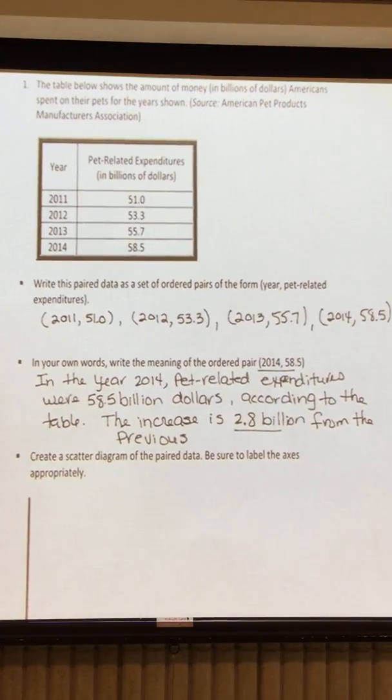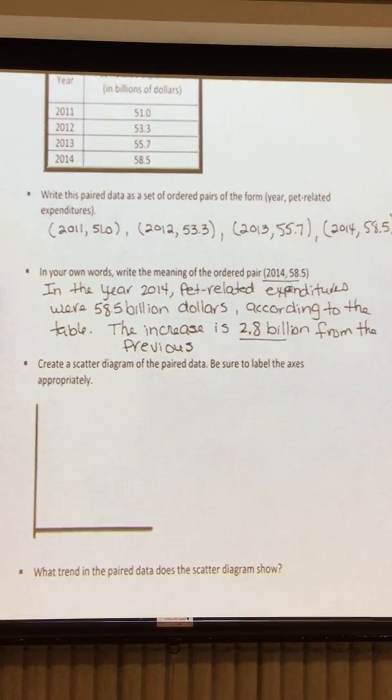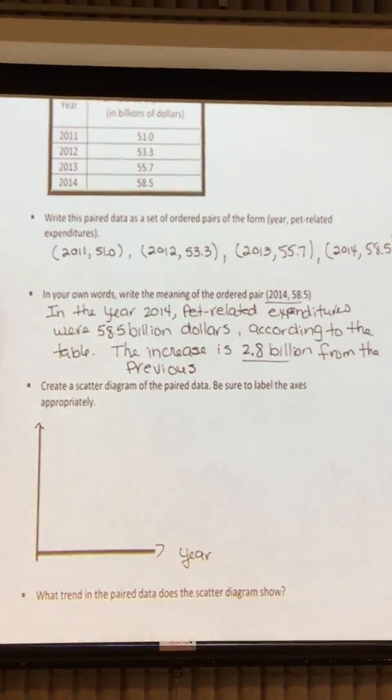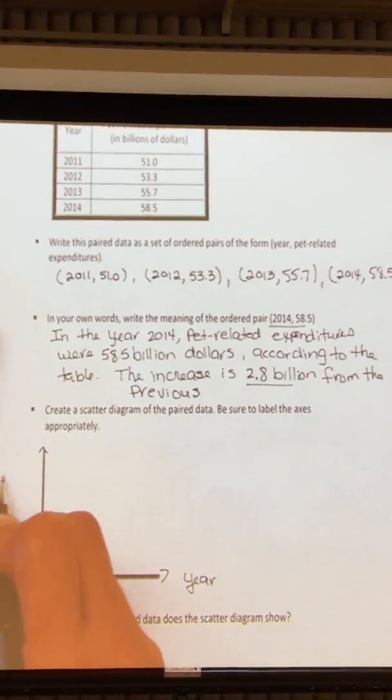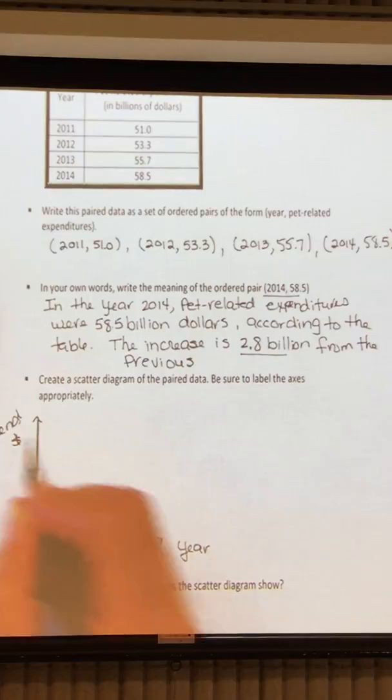Create a scatter diagram for the paired data. So we want to look at our table. Your years is always labeled in your x-axis, and here you have the expenditures, which is your dollar value in billions.